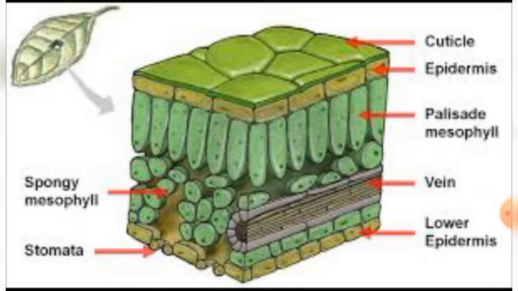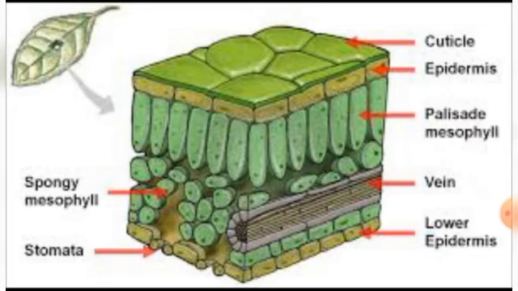It shows the upper epidermis and lower epidermis. The cuticle is present above the upper epidermis, and two types of parenchyma are present in it. One is palisade and another one is spongy parenchyma. These tissues are present in between the upper and lower epidermis.